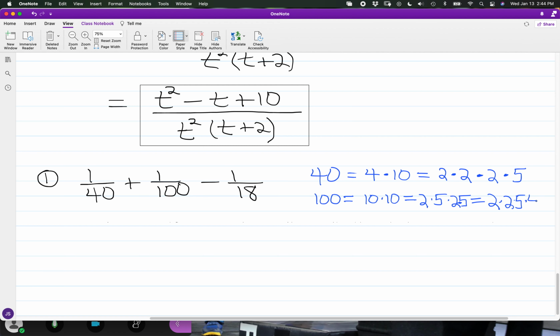So you have 2 times 2 times 5 times 5. And as for the number 18, you say we have 2 times 9. And 2 is a prime number. And as for 9, we can break this down further to 2 times 3 times 3.